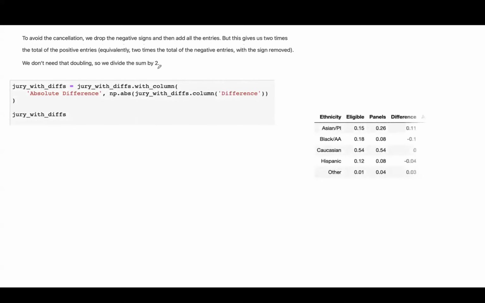This gives us 2 times the total of the positive entries, equivalently, 2 times the total of the negative entries with the sign removed. We don't need that doubling, so we're going to divide the sum by 2. Very good. So when you run this line of code, you can find the absolute difference between eligible and panels.